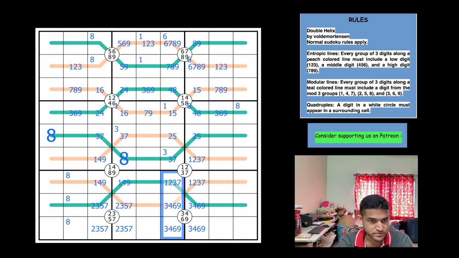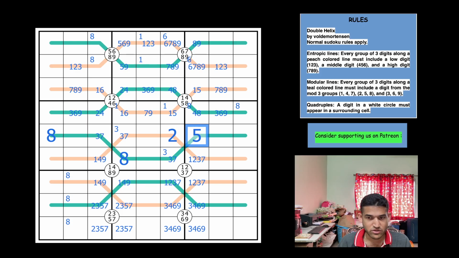All that for nothing. Oh, I can use the same idea with the 2s. 2 cannot be here because it's next to an 8. 2 cannot go here, 2, 5 pair. Now that leaves only this cell for the 2 in this box. Excellent, finally some break-in. That's a 2, that is a 5.